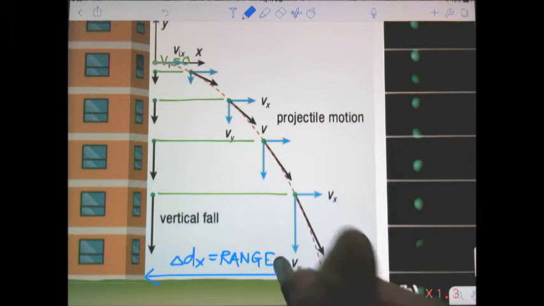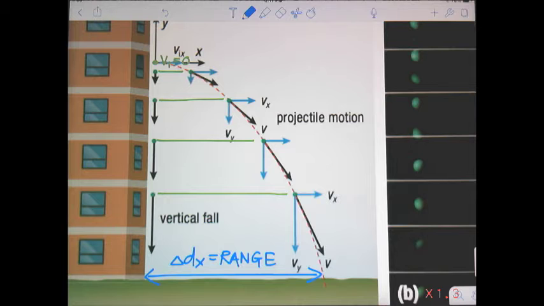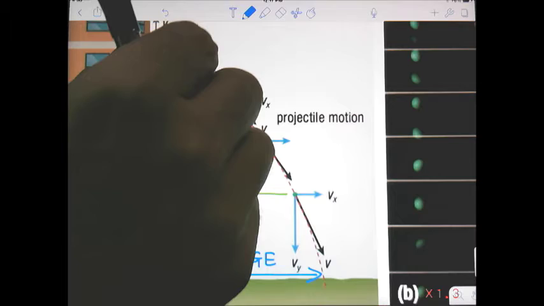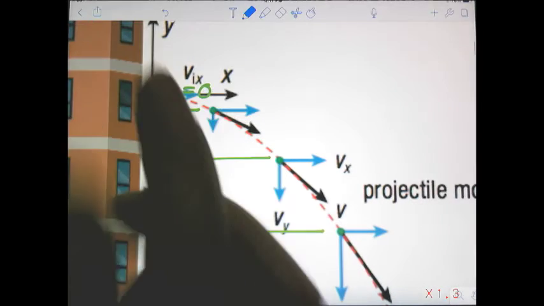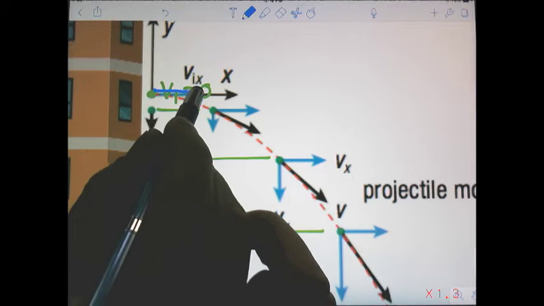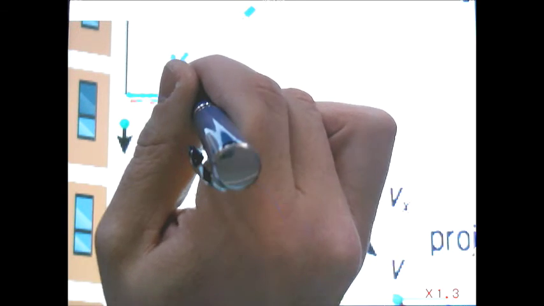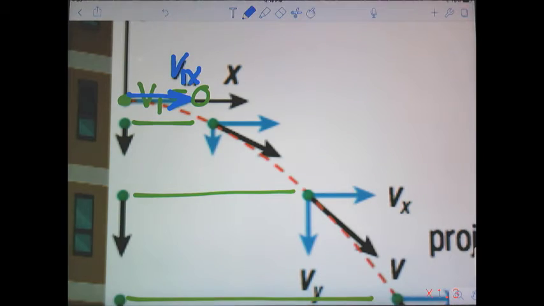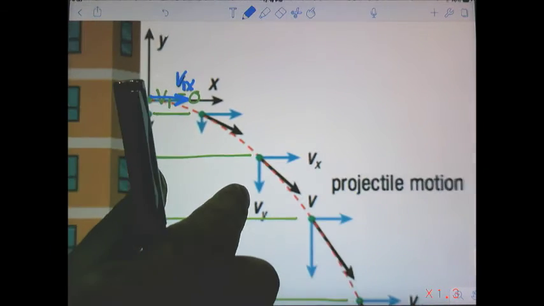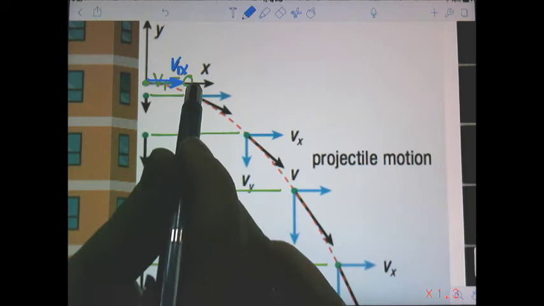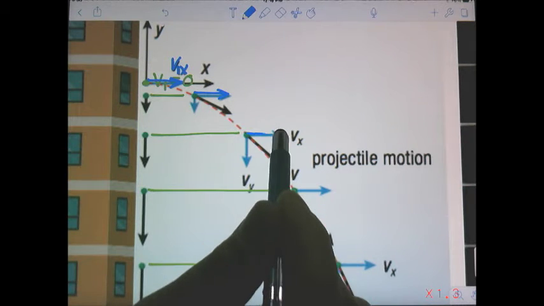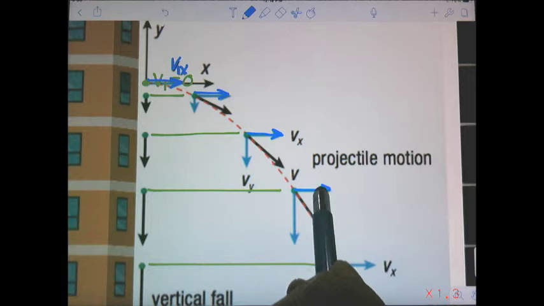And it's received this horizontal distance because when it was launched out of the window, it was given an initial velocity, which is depicted as a blue vector. And this velocity is a horizontal velocity, so it's been given an initial x, or horizontal velocity. But I want you to make note of the magnitude of the horizontal velocity during the entire time of flight.